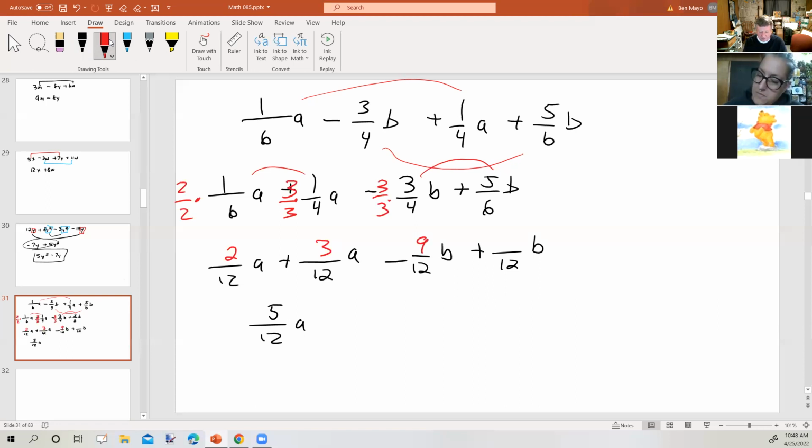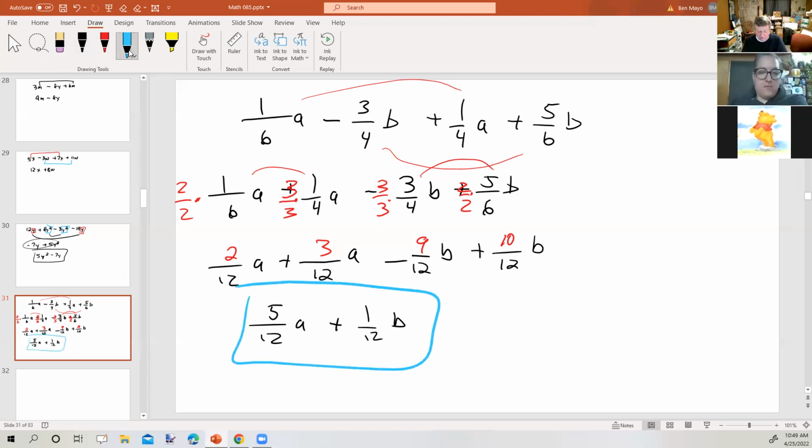So I get minus 9/12 B. I'll multiply the 5/6 B times 2/2, so we get 10/12 B. Minus 9/12 B plus 10/12 B is plus 1/12 B. So my final simplification: 5/12 A plus 1/12 B. Any questions about that?